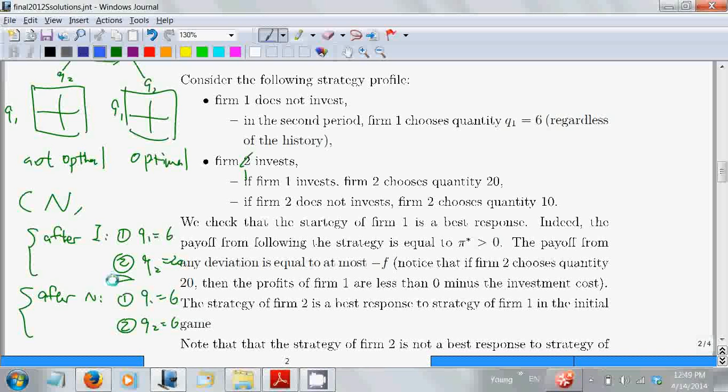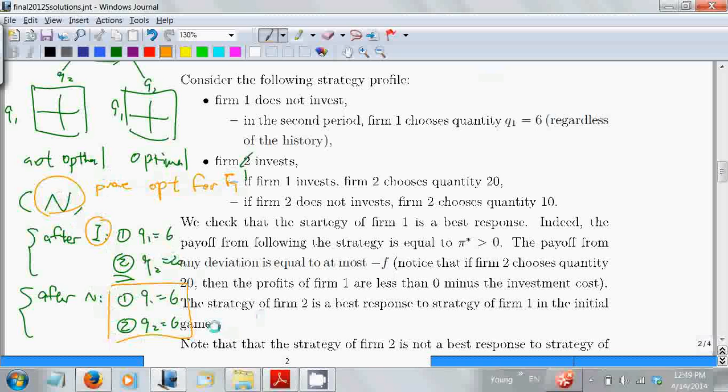So we don't actually care about the behavior after I because it's never reached. So we only need to prove that this subgame has a Nash equilibrium, and that this is the optimal choice for firm one.